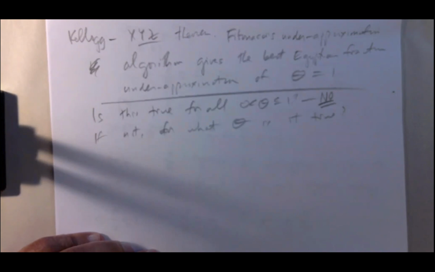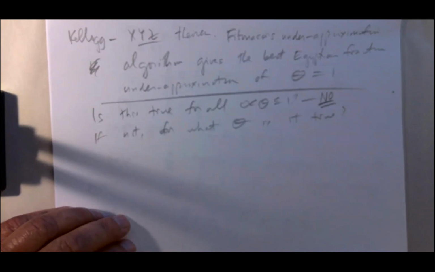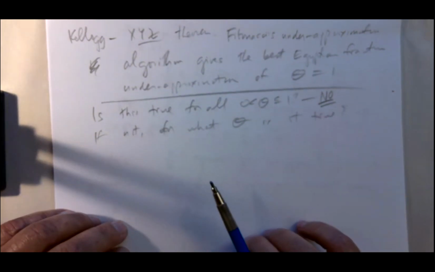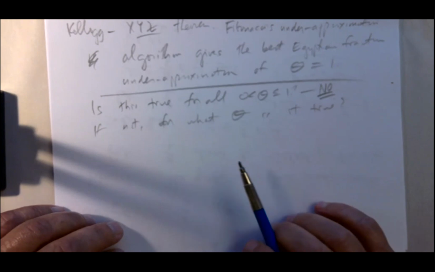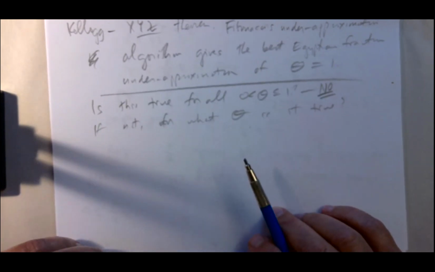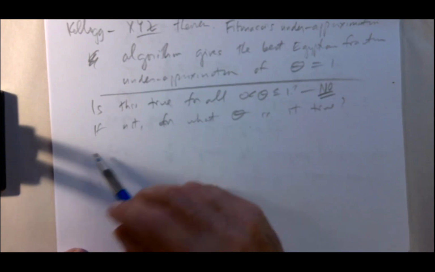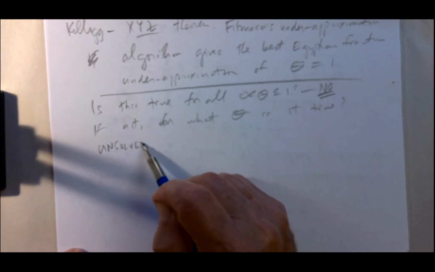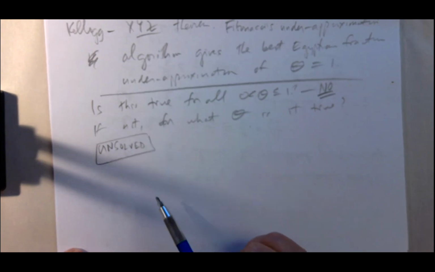So the answer to this question, does this greedy algorithm always give you the best under approximation, is no. And then you might ask, for what theta is it true? As far as I know, this problem in its generality is unsolved.